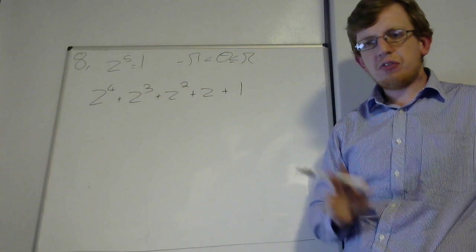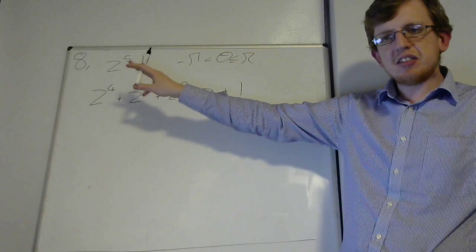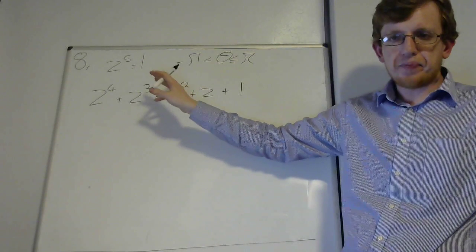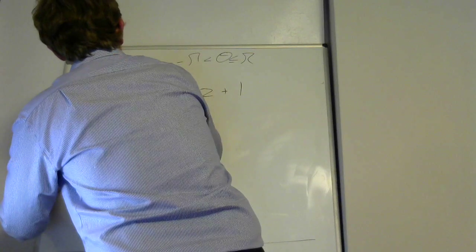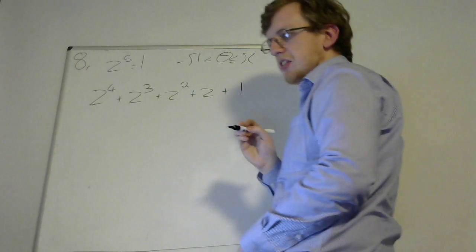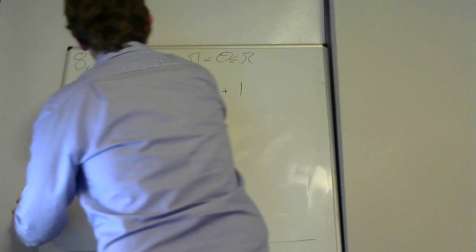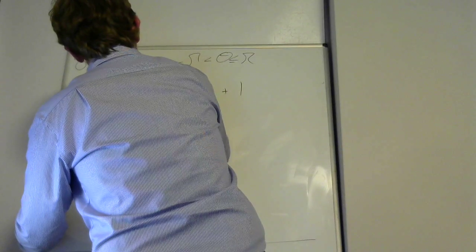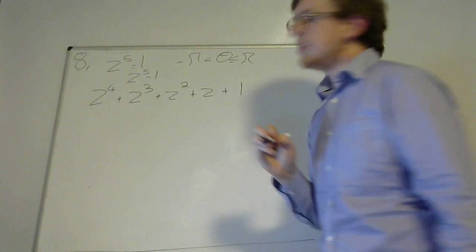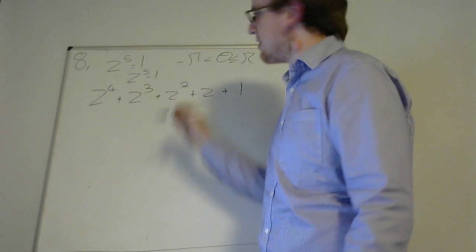Now we found 5 roots of the equation z to the 5 equals 1. This means that we've got 5 linear factors of z to the 5 minus 1. So z to the 5 minus 1 equals 0.